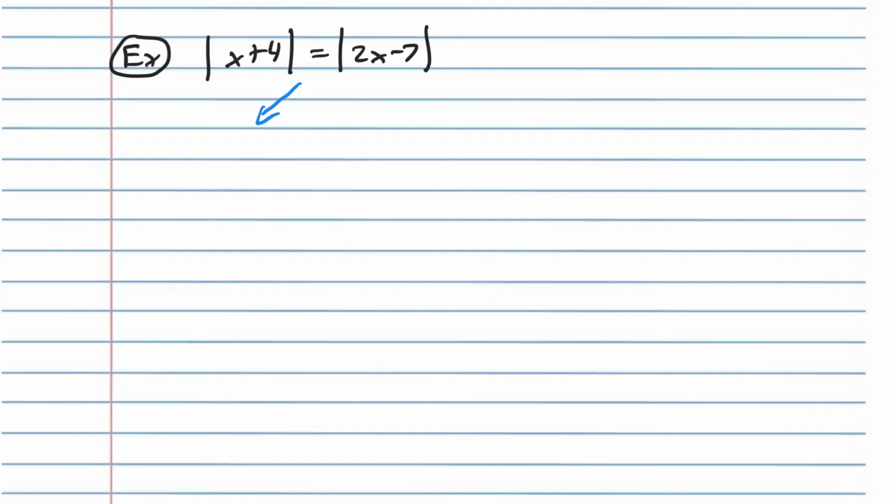So we'll write it out: x + 4 = 2x - 7. And then in the other scenario, we're going to add a negative. So x + 4 equals, and because there's multiple things on the right-hand side, we do need to put a negative and then parentheses, -(2x - 7). That's the only difference when these get a little bit more complicated, is that you have to be a little bit careful.